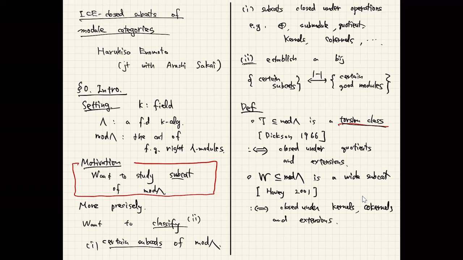This is the same as saying that W is an extension-closed exact abelian subcategory.